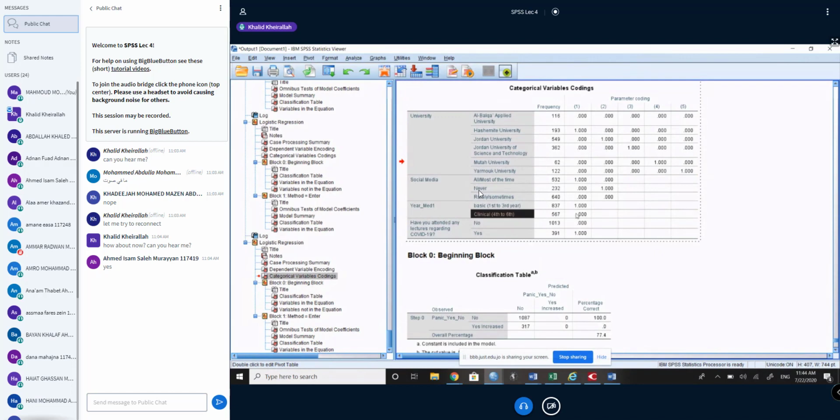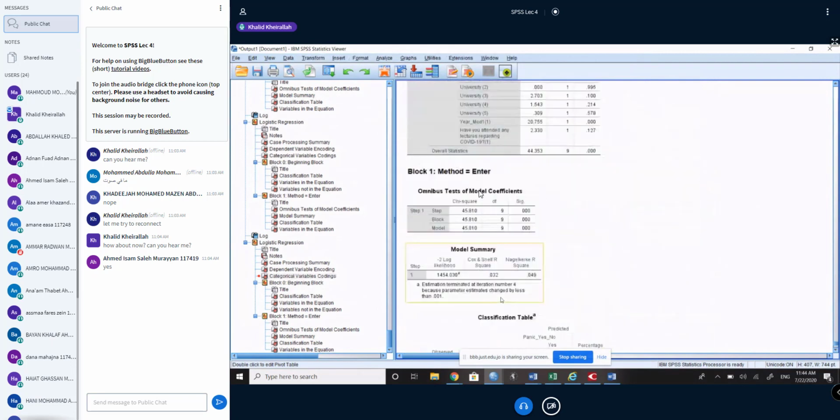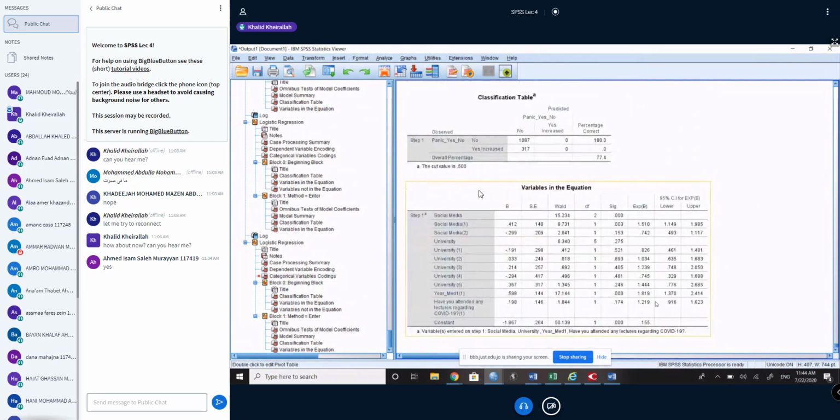Here, the clinical year will be the reference, and I'm comparing basic to clinical. If you are at the basic medical education, year 1, 2, and 3, then you will have 2 times higher risk or 2 times higher probability of having panic due to COVID compared to those at the clinical year after controlling for the effect of social media, university, and attendance of lectures.